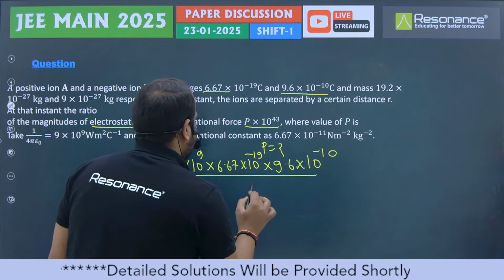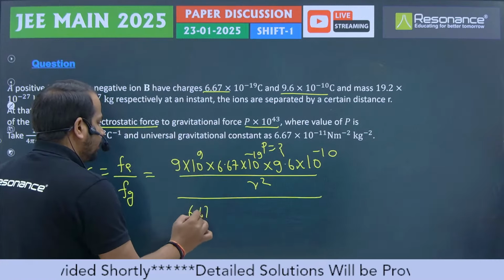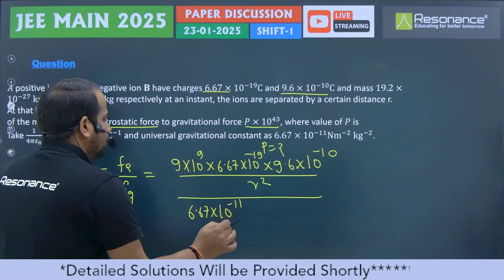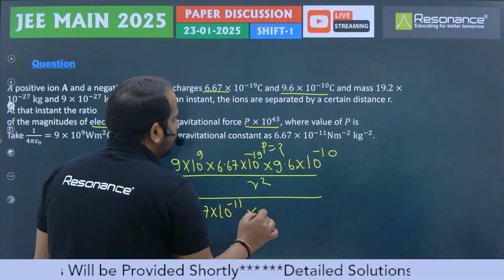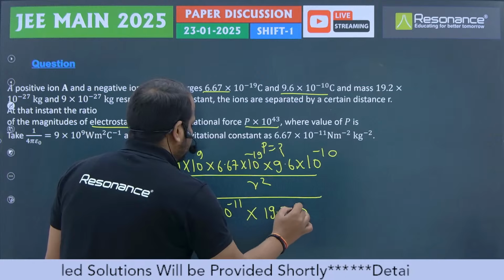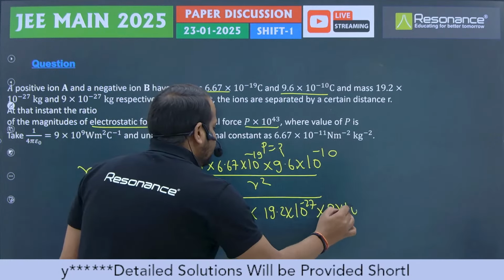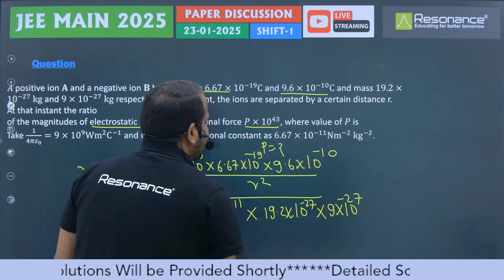Divided by the gravitational force, G is 6.67 into 10 to the power minus 11, into M1 which is 19.2 into 10 to the power minus 27, into M2 which is 9 into 10 to the power minus 27 kg, by R square.